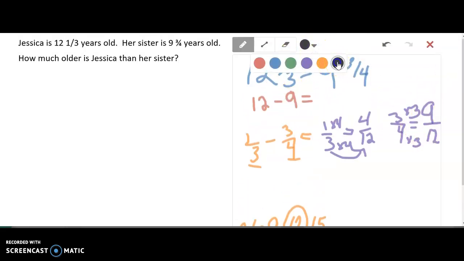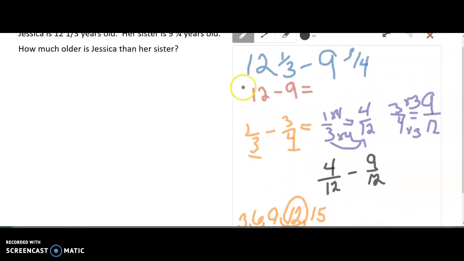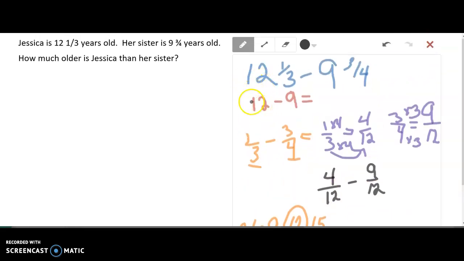Let me rewrite my problem. So now I have 4 over 12 take away 9 over 12. Okay, I see right away 4 take away 9. Oh no, I can't do that. So I'm going to have to go back up to my whole number and do some regrouping.